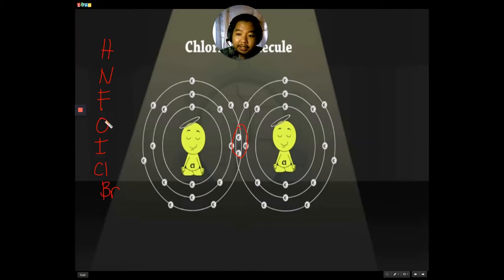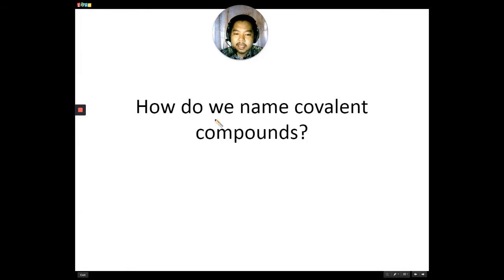See: hydrogen, nitrogen, fluorine, oxygen, iodine, chlorine, and bromine. These are your diatomic elements, meaning these are the only non-metals that can form a bond with themselves. Alright, hopefully that's clear. These are 7.